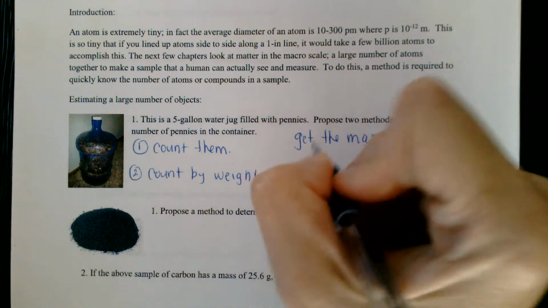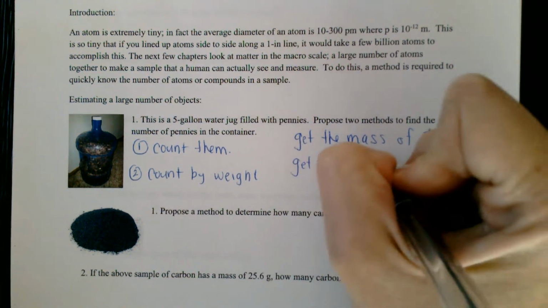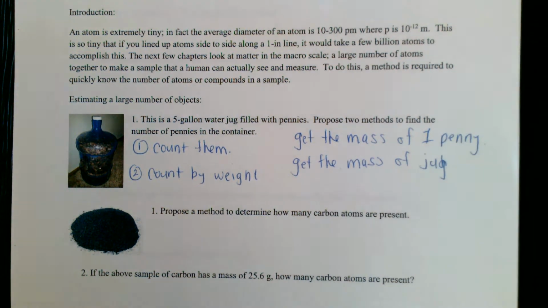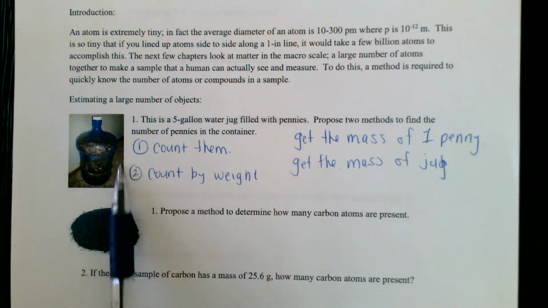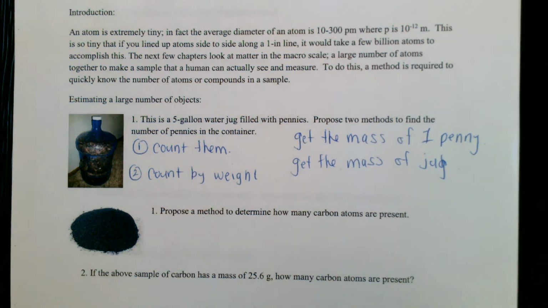Get the mass of 1 penny, get the mass of our jug of pennies, then just divide to get the number of pennies in this container. So we would be counting them by weighing them. Since we know the mass of 1, if we get this whole mass and just divide, we can get how many pennies are in here.